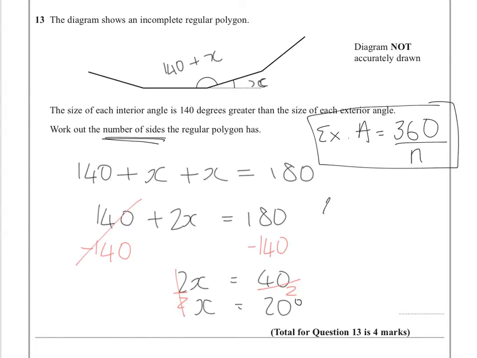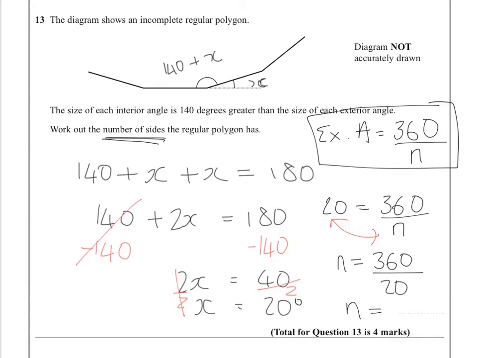So if my exterior angle is 20, I don't know the value of the number of sides. Do the old swap and drop method. So therefore n equals 360 over 20, which equals 18. So 18 sides to this regular polygon.